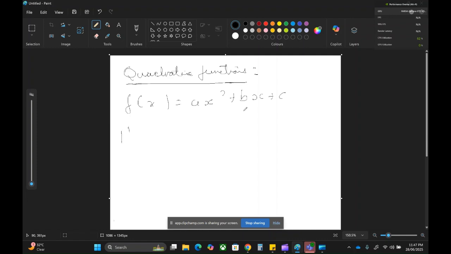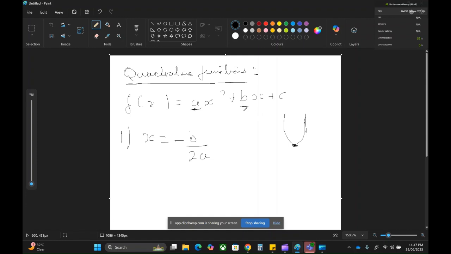So you find the vertex first off. The vertex is the turning point over here like this. This is your vertex over here. So you try to find that, and you do x is equal to minus b over 2a. So you take your b and you do that over 2a.